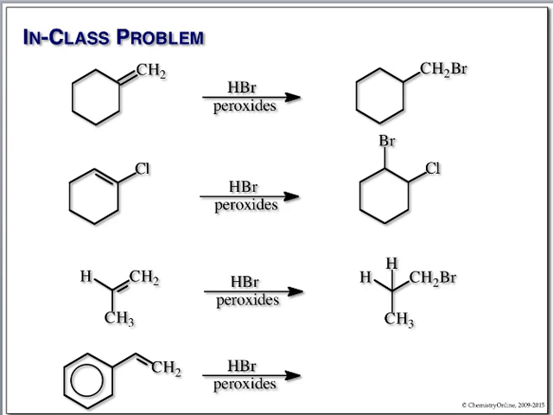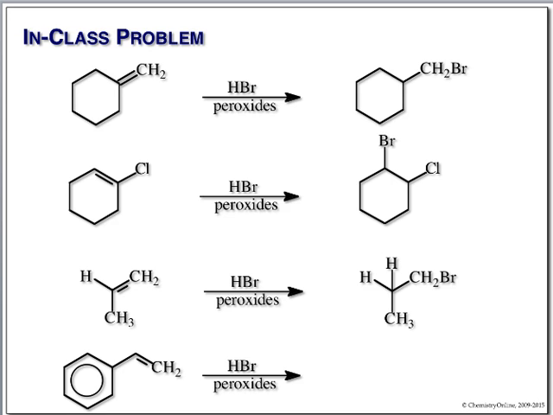Our last one here. This is a benzene ring. What is this carbon here? It's what we lovingly refer to as a benzyl carbon, right? The carbon adjacent to our benzene ring. We know that this is a very, very stable carbocation, isn't it?